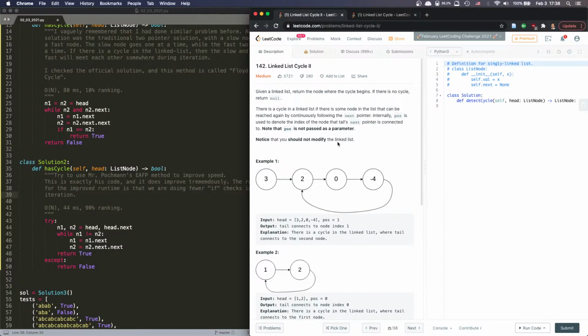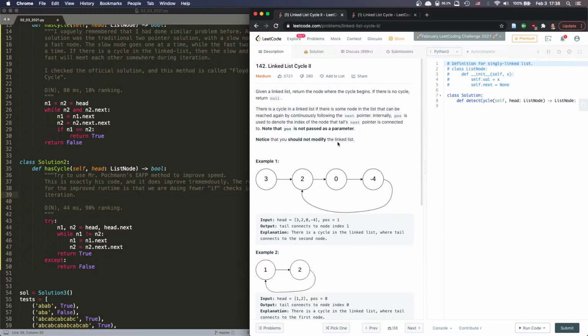And the moment that the fast node catches up is determined by the amount of time, because their speed difference is 1. Say the fast node has to make up 3 nodes in order to catch up, then it requires 3 iterations, and the slow node moves up 3 iterations, and it caught up.